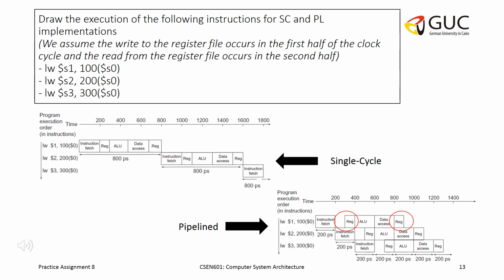So at the write back, which is circled in red, the first half is used and the second half is not used, while in the decode stage, the first half of the clock cycle is not used, while the second one is used because we are reading from the register file. That is the difference between the decode stage, where we read the data from the register file, and the write back, where we write the data to the register file.